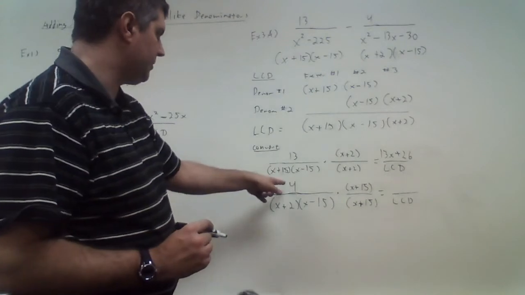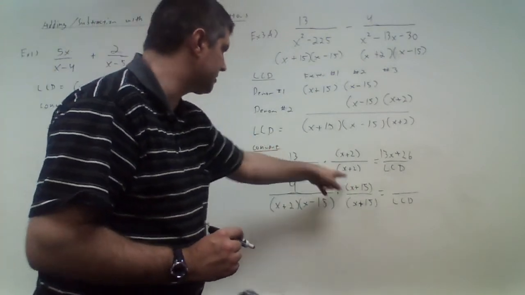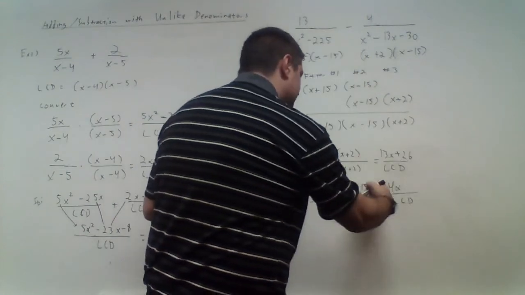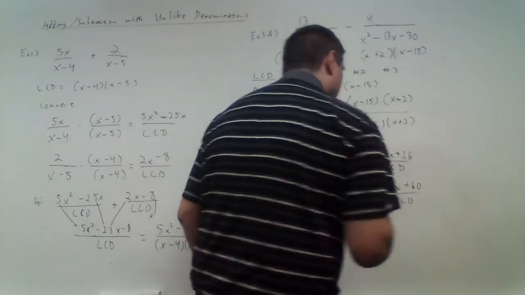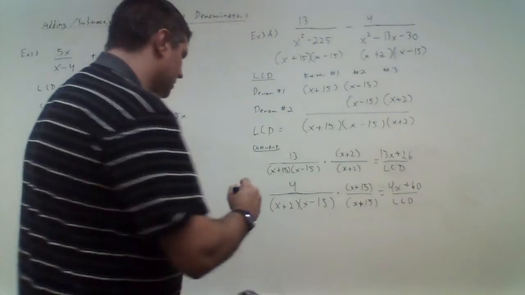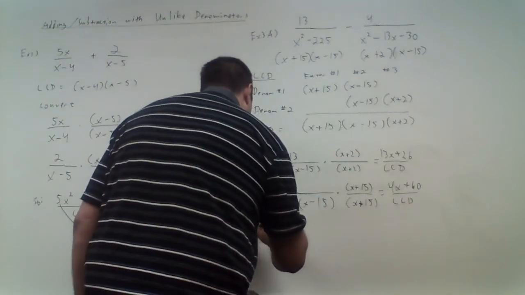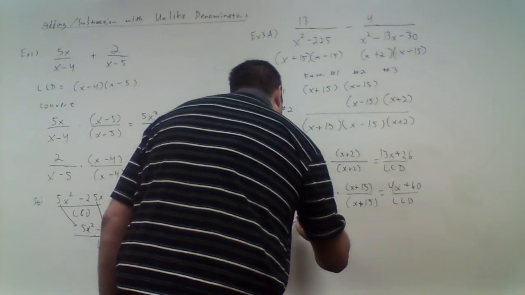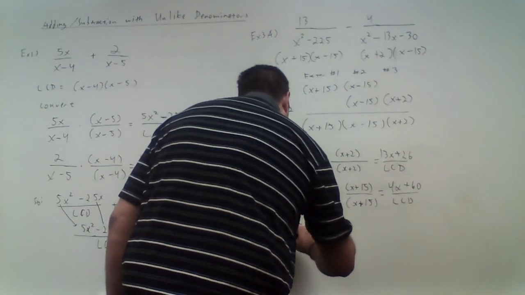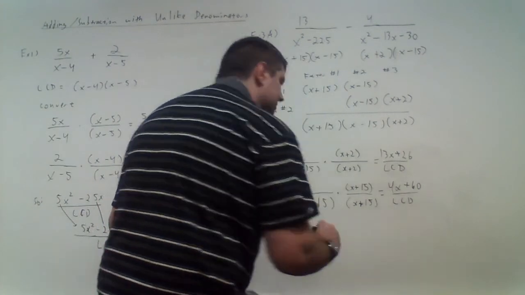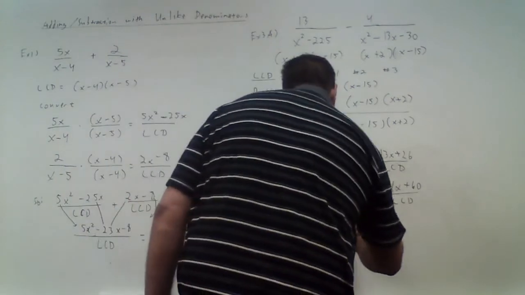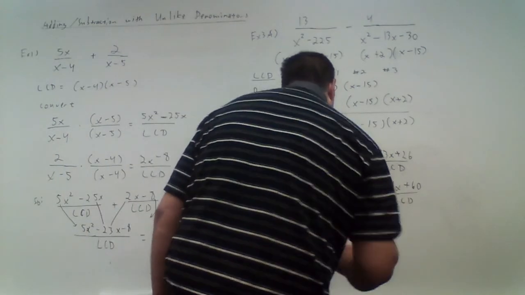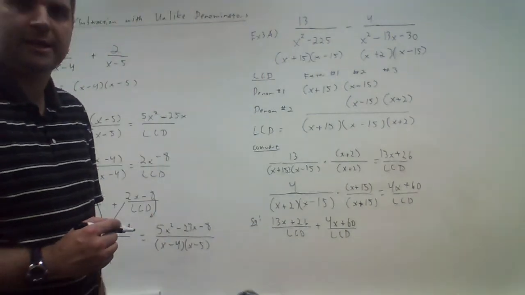You'll have a distributive property situation, 4x plus 60. So we will have 13x plus 26 over the LCD plus 4x plus 60 over the LCD. Okay?